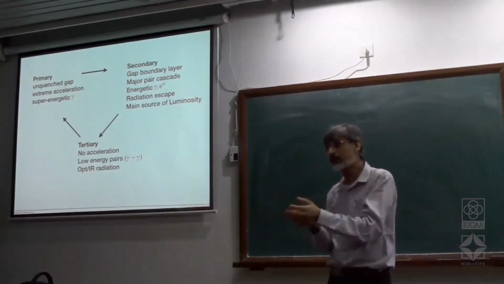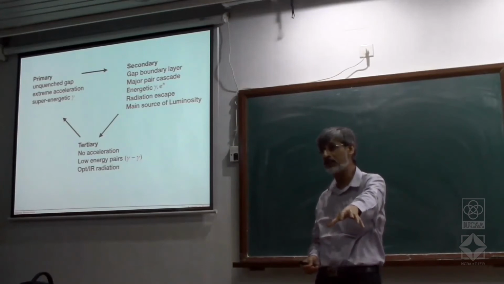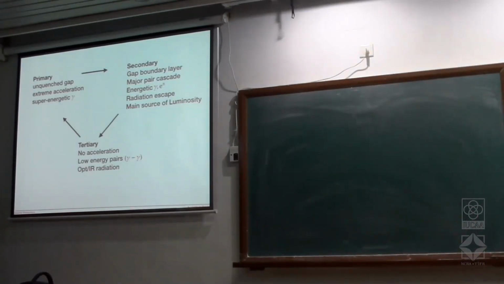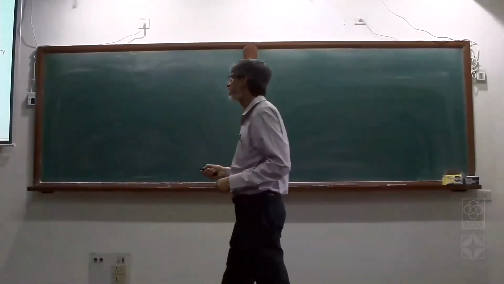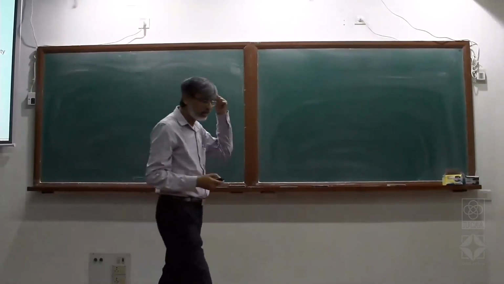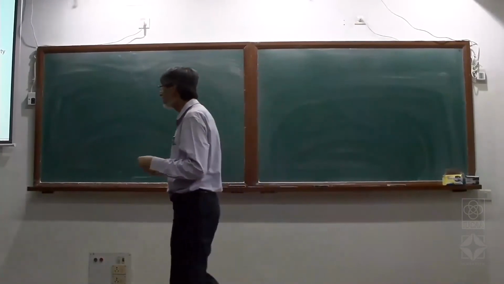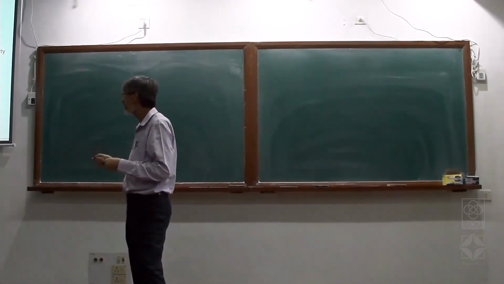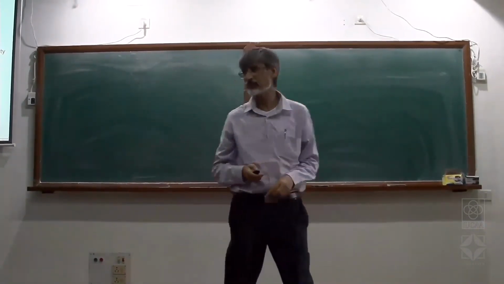Now that these are more or less isotropic, some of these photons can come and illuminate the primary region. In the primary region, you now have energetic particles which will inverse Compton scatter this low energy radiation again. And these inverse Compton scattered photons can interact with other photons of low energy in the low energy beam, do gamma-gamma and produce pairs.